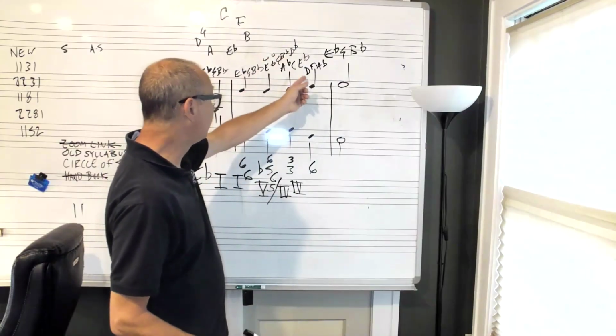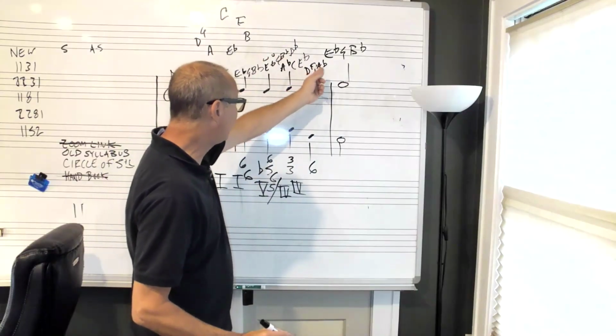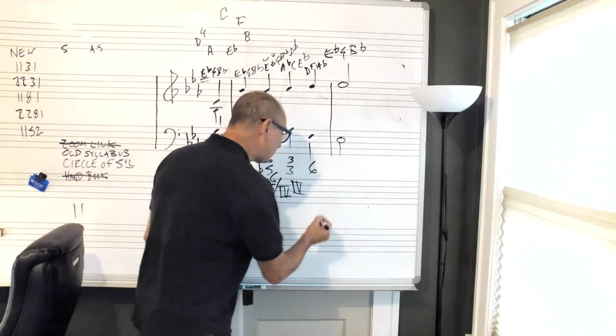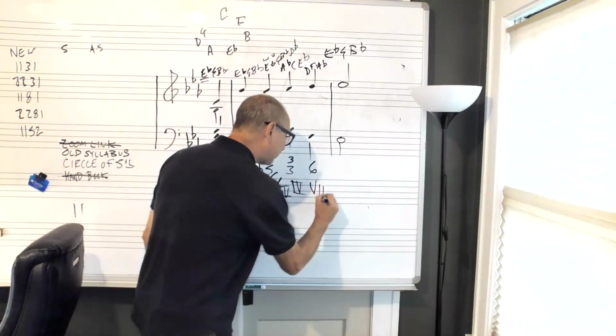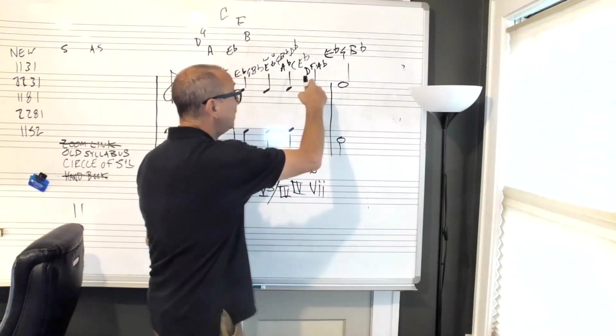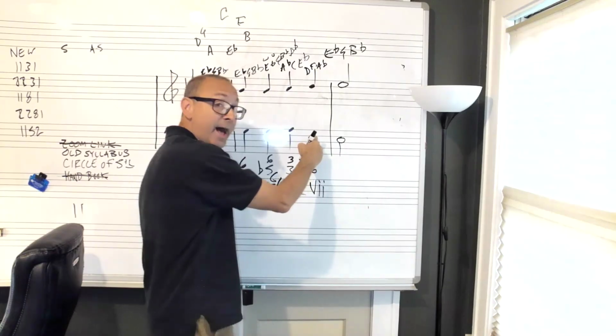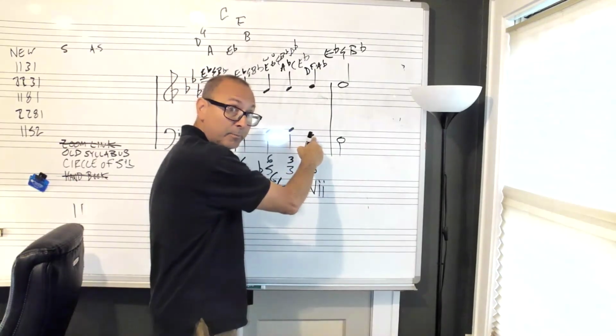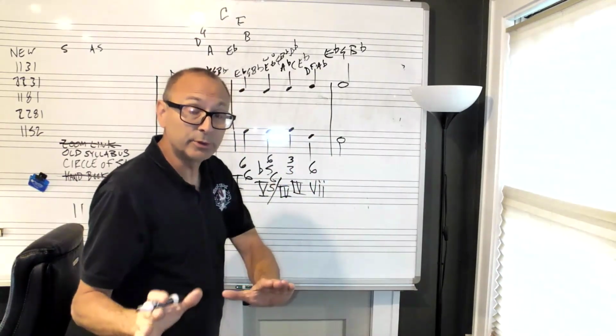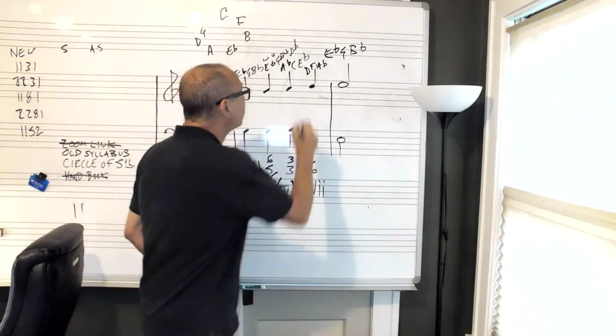Finally, we come to the end here. D, F, A flat, diatonic. Again, F is the lowest note, but we have to think about the root. Always think root.